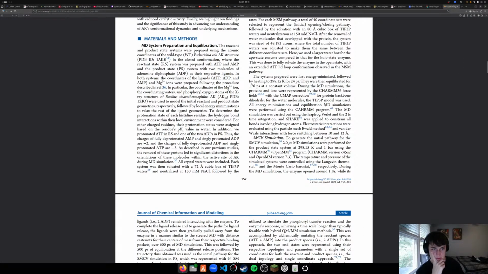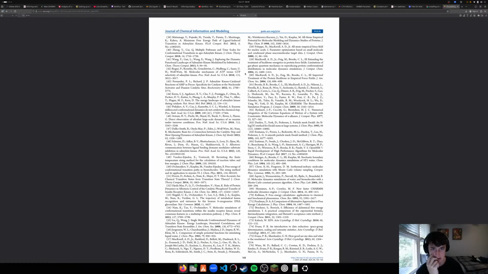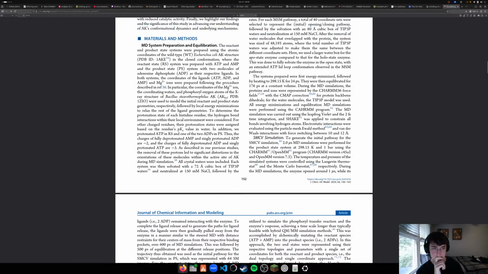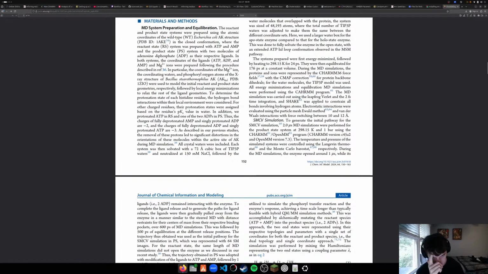All energy minimizations were performed using CHARMM, or yeah, they misspelled that. The MD simulation was carried out using the product relay. SHAKE was applied to constrain all bonds involving the hydrogen atoms.